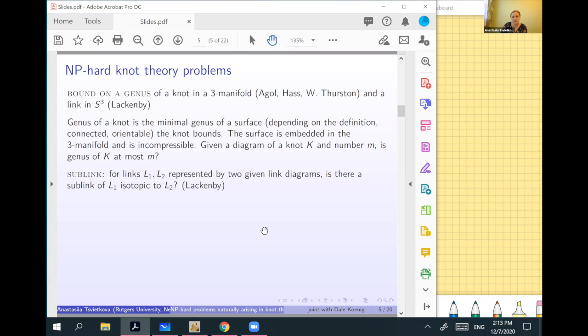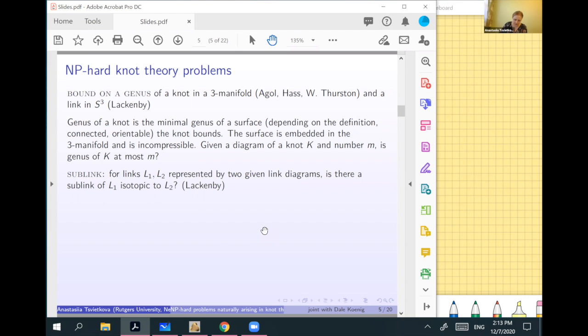And then another problem also Lackenby proved is a sublink problem. It's NP-hard. So you're given two links and they're represented by their projections, so just diagrams. And the question is, is there a sublink of one isotopic to another link?